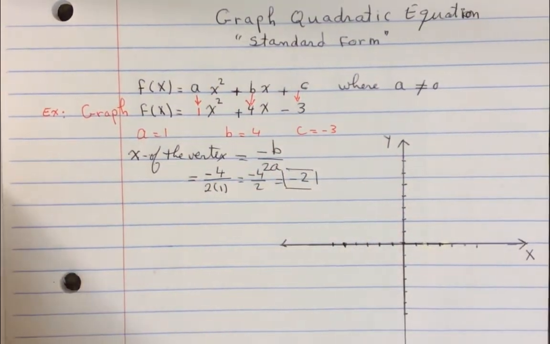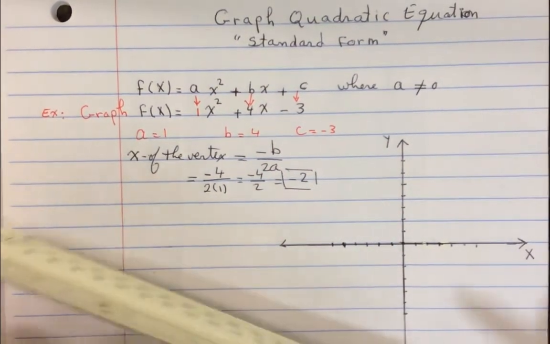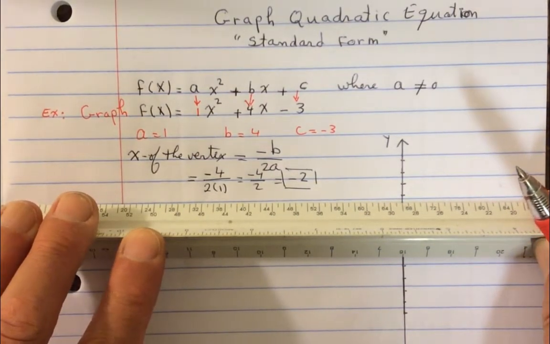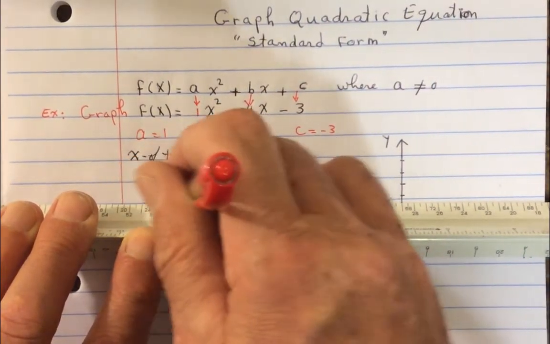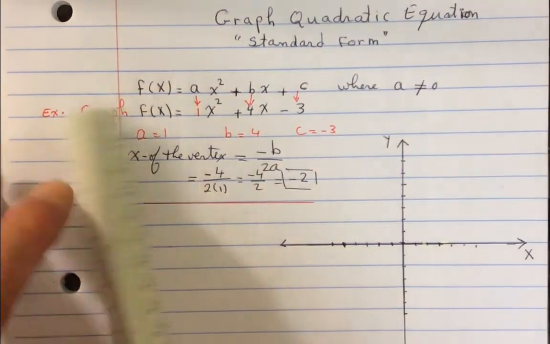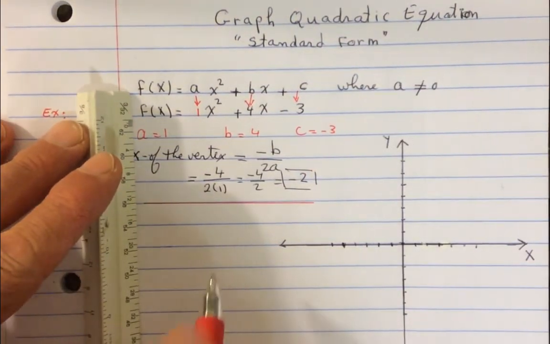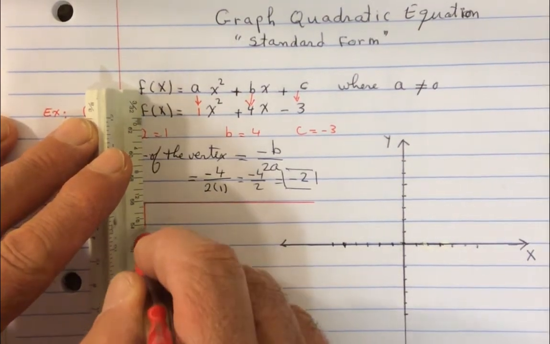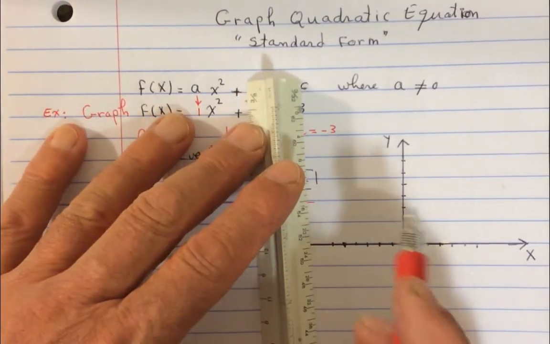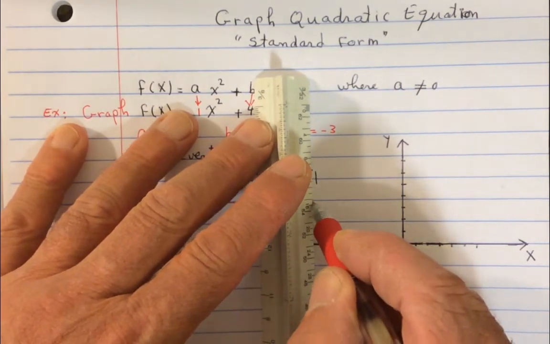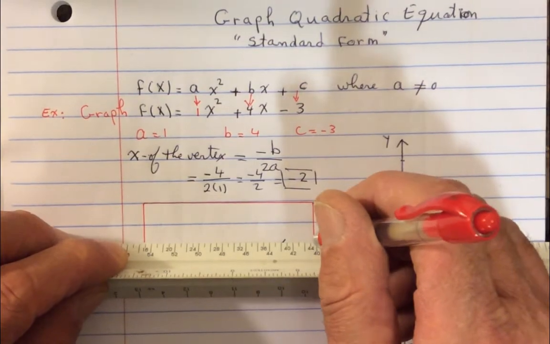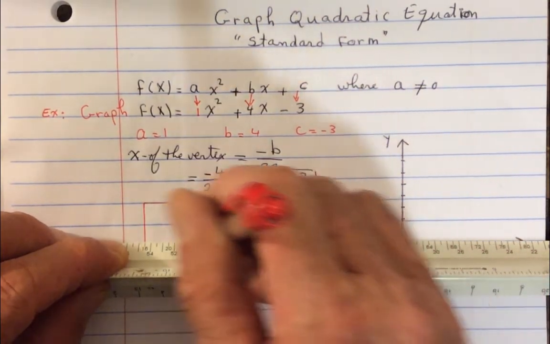Now to graph it, you need to make a table of values. We start with the vertex as we did before, but this time we know only the x coordinate of the vertex. We don't know the y, but we are going to find it by substituting in the function, because remember, f of x means y.